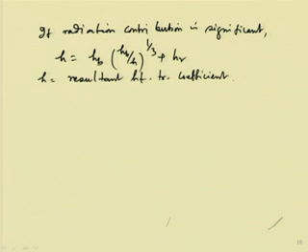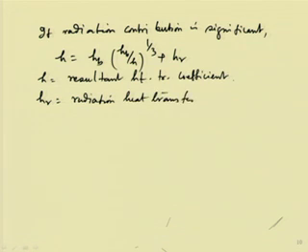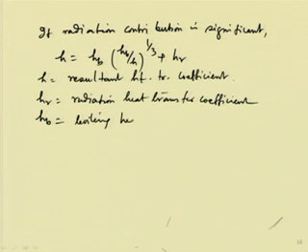So, some iterative method is required for getting a solution to this, and Hr is called the radiation heat transfer coefficient. Hb is the boiling heat transfer coefficient.